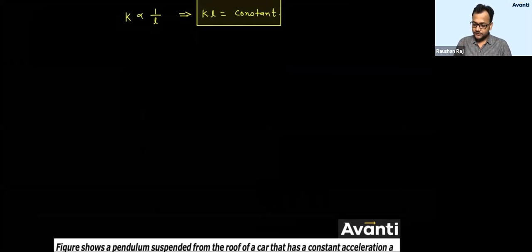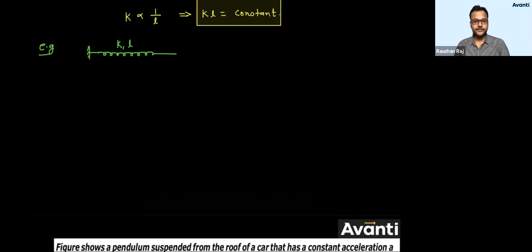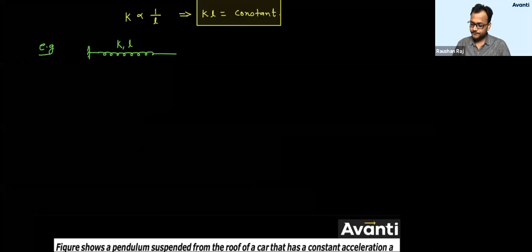So let me ask you a very simple question. Consider there is a spring of spring constant k and length L. It has been cut into 2 parts. I cut it from here.